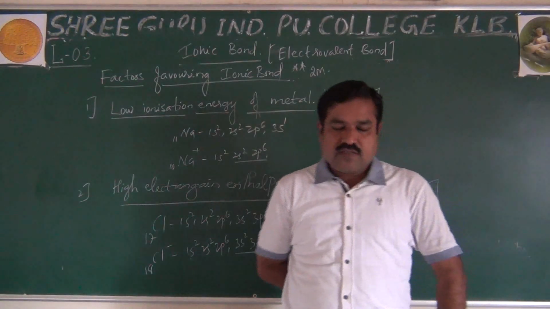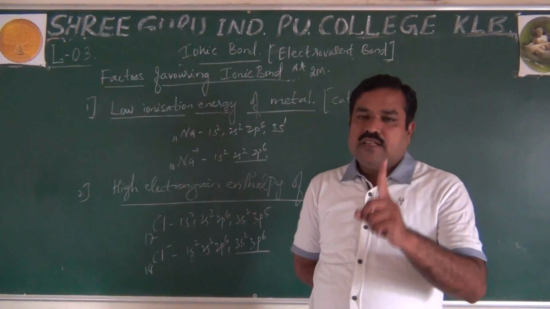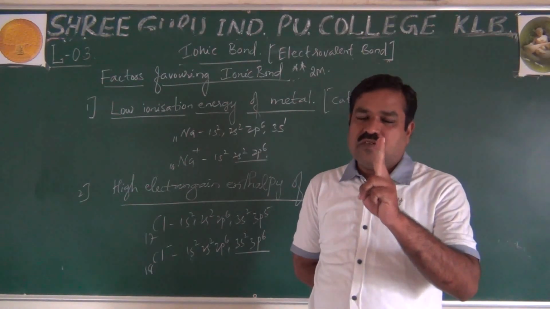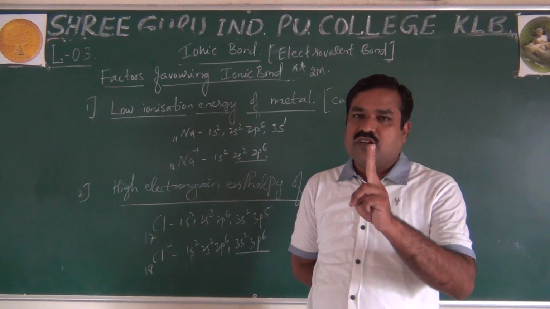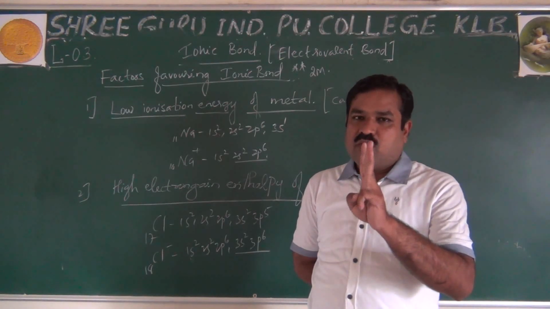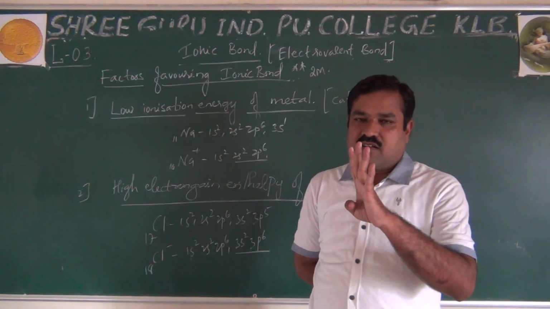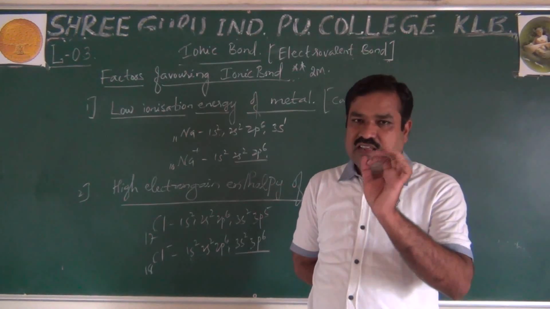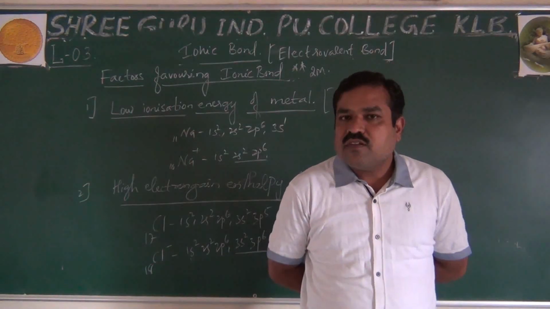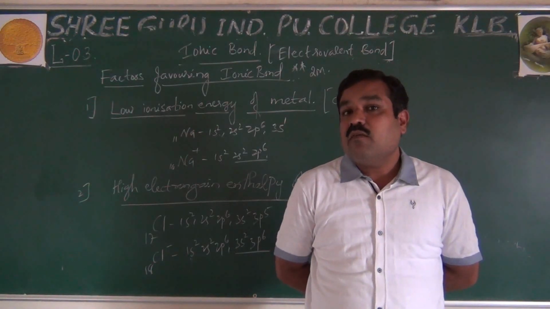What are the characteristics of ionic compounds? Mainly they exist as crystalline solids. They are soluble in polar solvents like water and insoluble in non-polar solvents like organic solvents. They have high melting and boiling points. They are good conductors of heat and electricity in aqueous solution, except sodium chloride, which is depicted by the X-ray diffraction method.